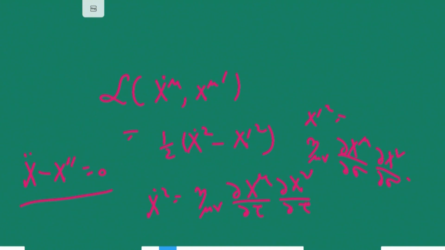When I quantize this, I introduce a canonical momentum p mu, a function of tau and sigma, that is dou L by dou x mu dot. Let us call it p subscript mu, because we are taking a partial derivative with respect to a contravariant variable x mu dot. This comes out to be simply x mu dot at tau sigma.